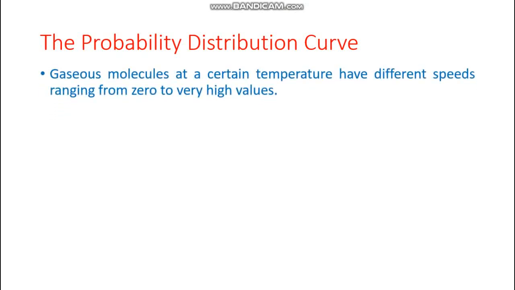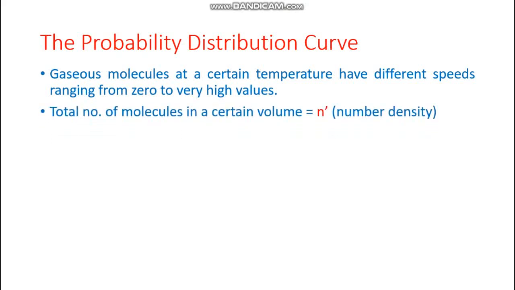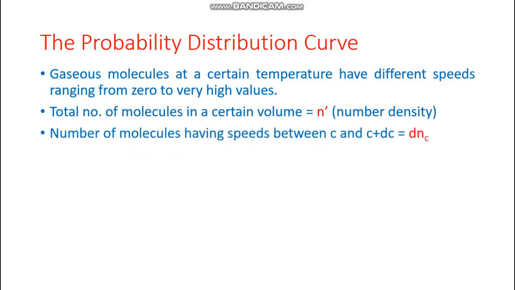Gaseous molecules at a certain temperature have different speeds ranging from 0 to very high values. Total number of molecules in a certain volume is actually the number density, which is denoted as n prime. The number of molecules having speeds between c and c plus dc, so velocity from c to c plus dc, and within this range the number of molecules is dn suffixed c.